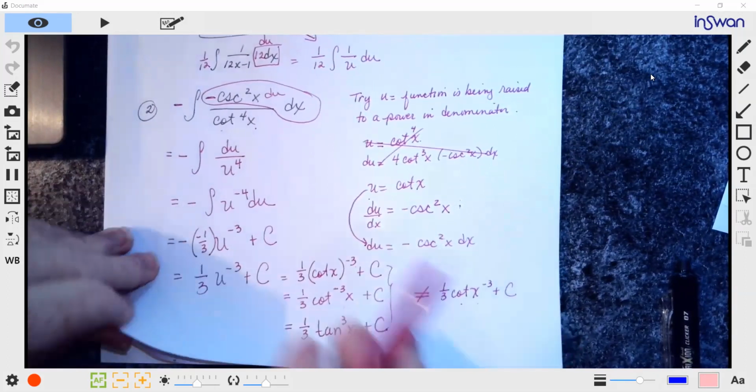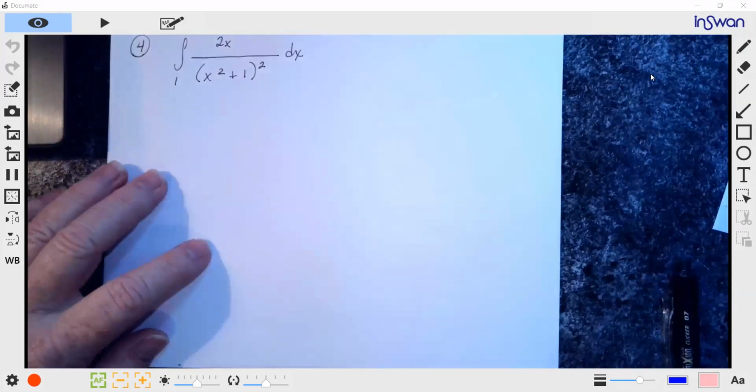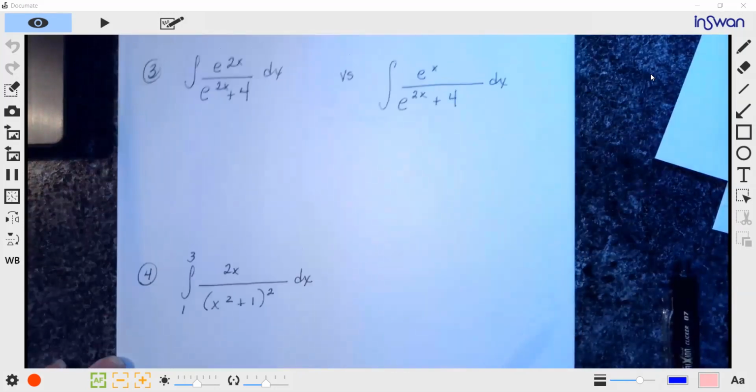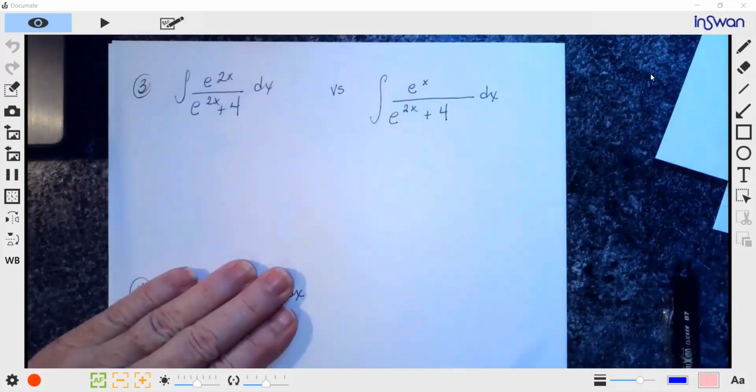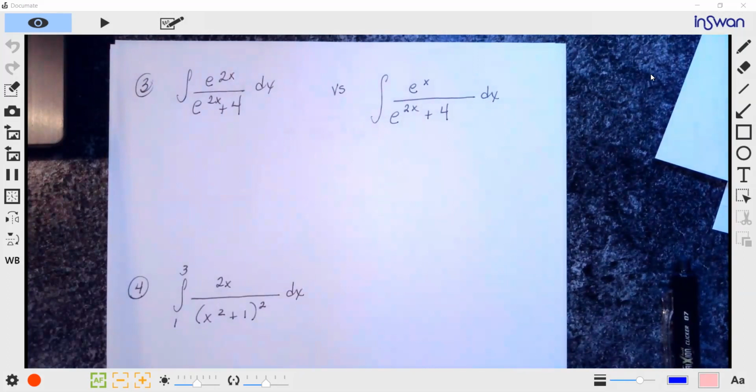All right, so what about these two? Well, I'm looking at these two. I mentioned earlier that when you're doing substitution, most of the time you take whatever overall quantity is being raised to a power in the denominator.